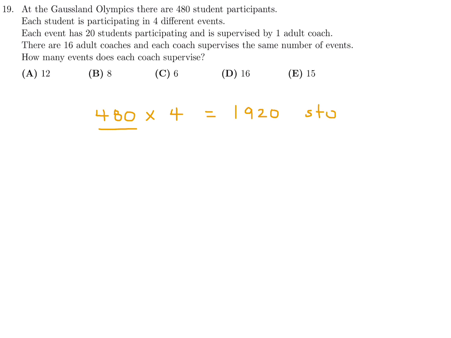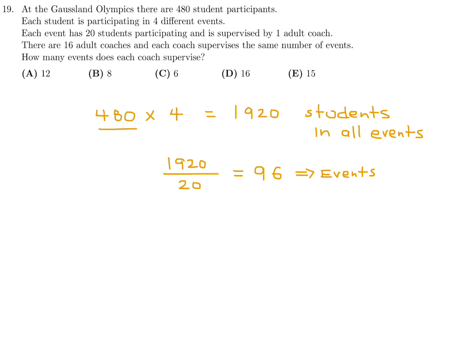So these are non-unique students in all events. But each event has 20 students. So you take all of these students and you divide by 20, and that gives you 96. And this represents the number of events.